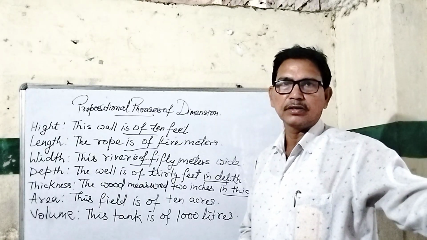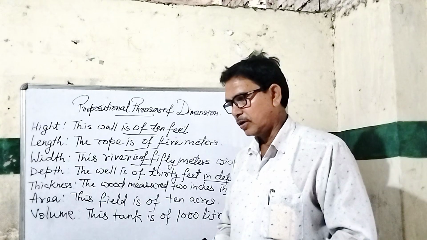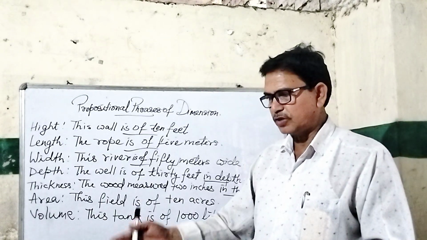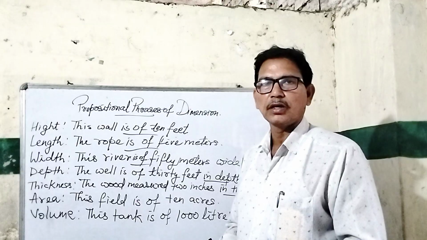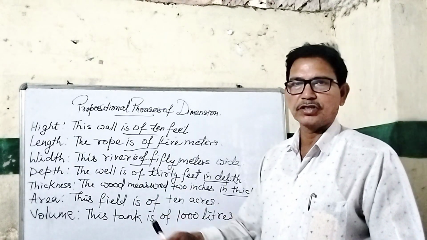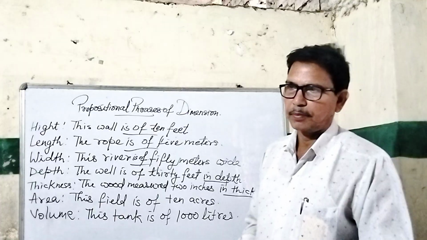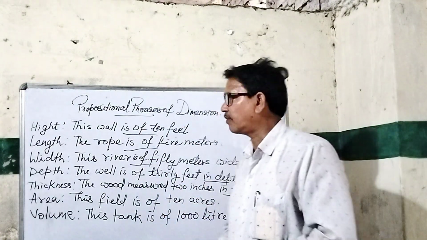Dig a pit of 6 feet. The depth of this foundation should be 4 feet. So in this way we are talking about the depth of foundation or depth of pit or tank or depth of something like this.